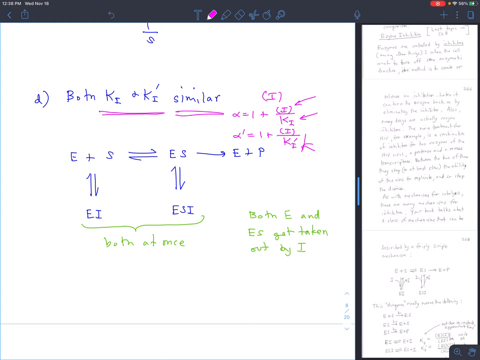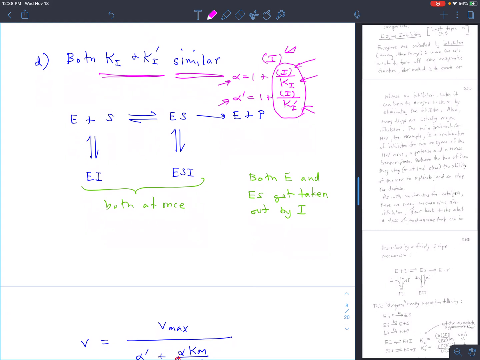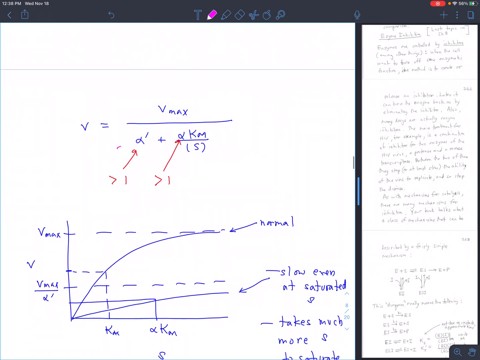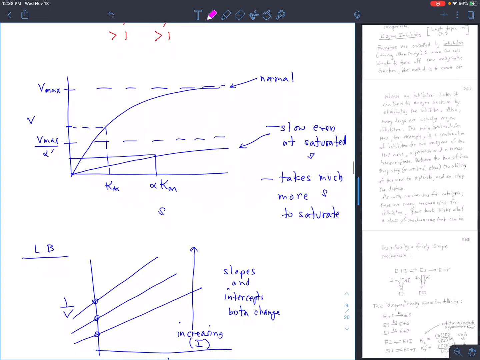And so we're going to get both alpha and alpha prime bigger than 1 and getting bigger as I increases. And so we're going to get both effects turning on and operating at once. And so both branches will be on in this case. Both of the alpha and alpha primes will be greater than 1. And so you'll see both of the effects we just saw above. First of all, you'll see, yes, that the apparent Km value has increased.